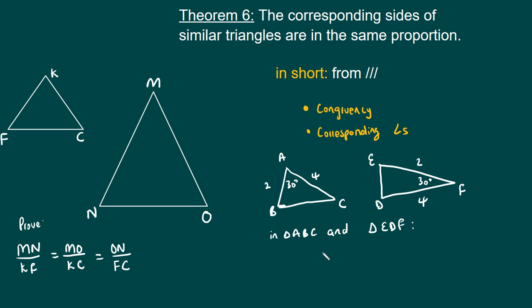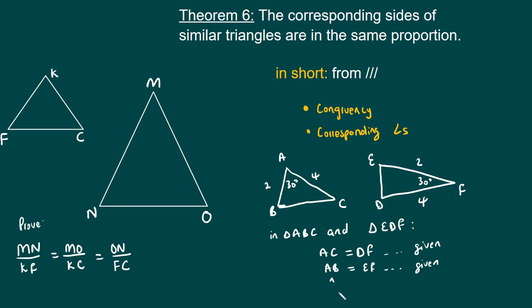How? We can say in triangle ABC and triangle EDF, in those two triangles, we can see that AC is equal to DF. In this case, it's given. AB is equal to EF. It's also very much given. It's visible from the diagram.